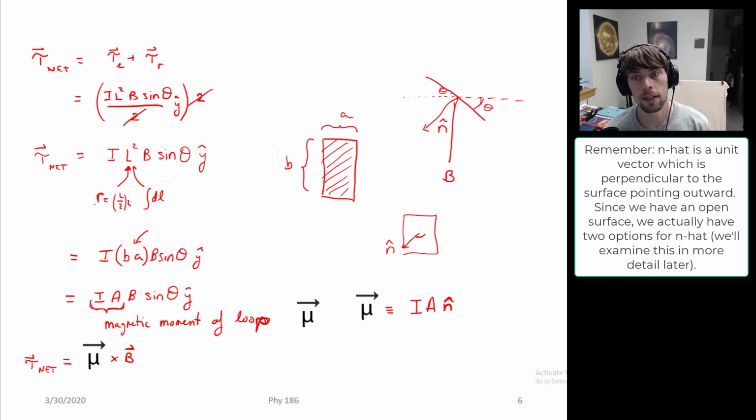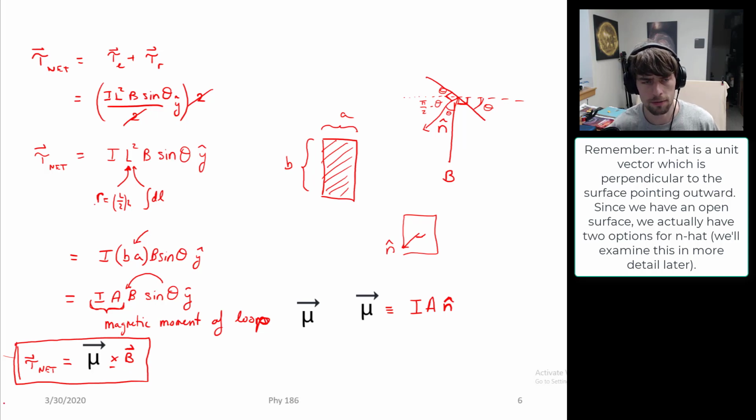But N hat is perpendicular, which means this is pi over 2 minus theta. And N hat is perpendicular, but B is perpendicular to the dashed line right here, which means this angle has to be theta again. So that's how I managed to lump that sine of theta back in. That's how I've reintroduced it as the cross product. So there's the net torque on a current carrying loop.